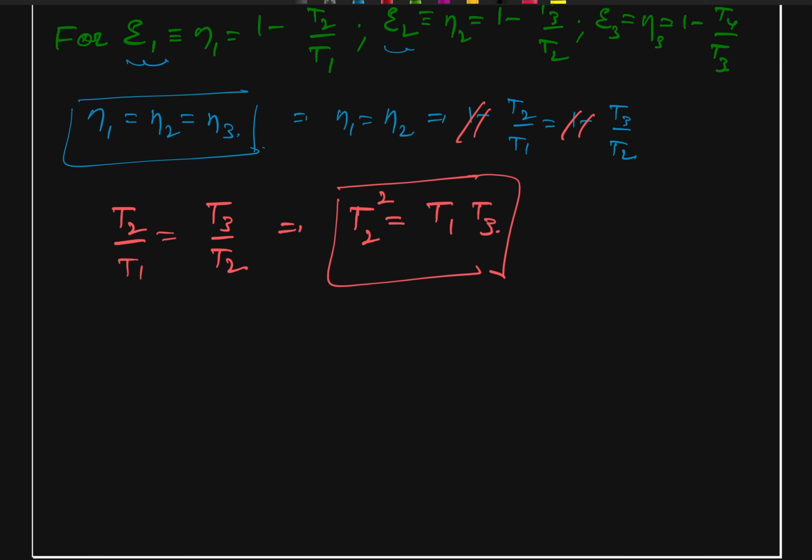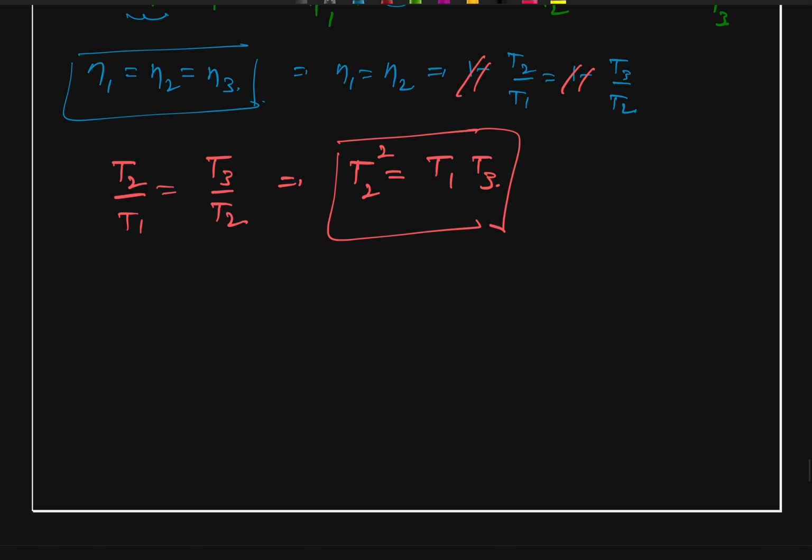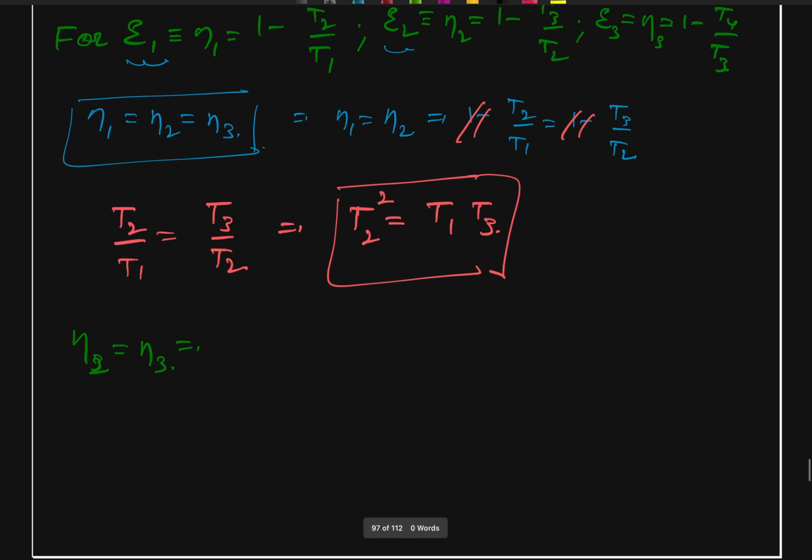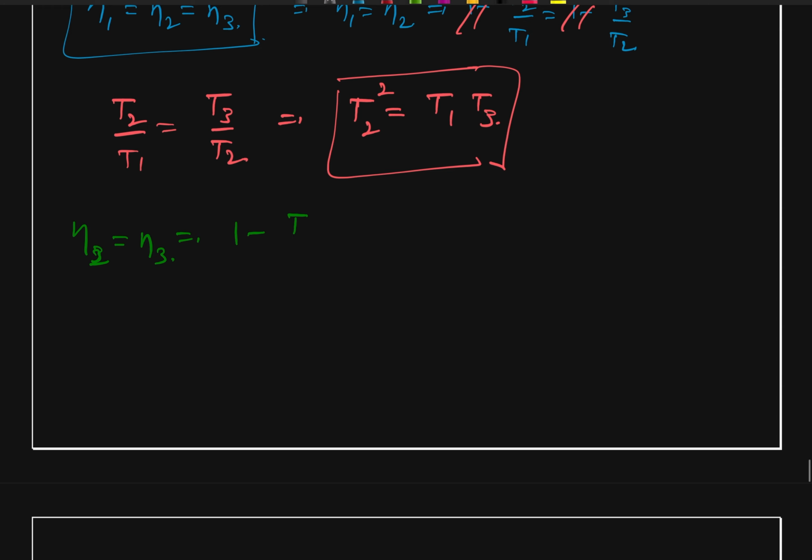Similarly we equate nu2 and nu3. We get 1 minus T3 upon T2 is equal to 1 minus T4 upon T3.